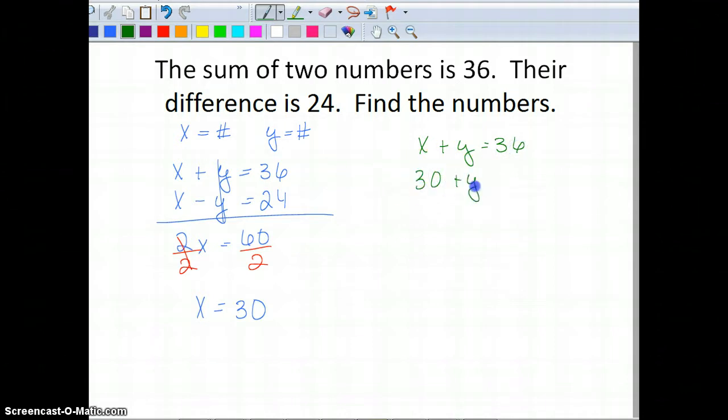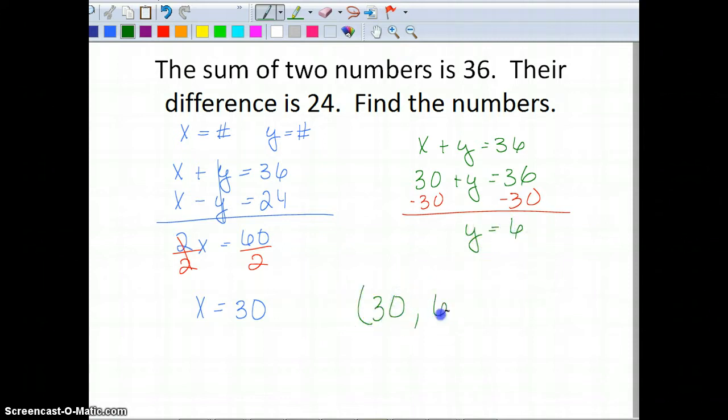So 30 plus y is equal to 36. Subtract 30 from both sides. So y is equal to 6. So I have 30 and 6 are my solutions.